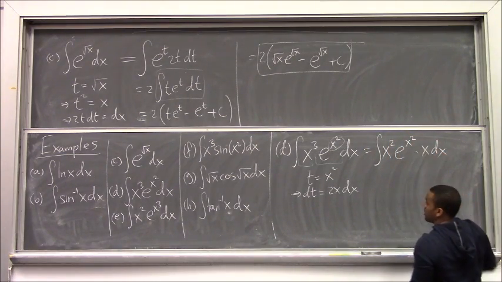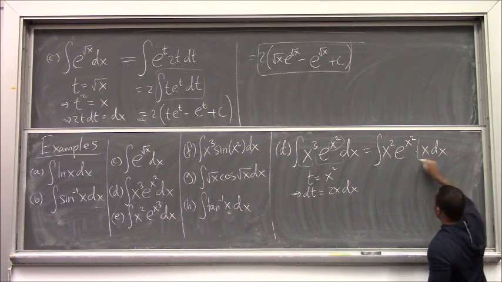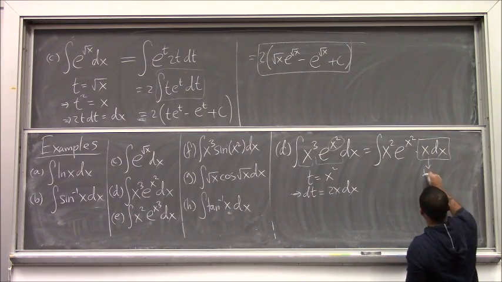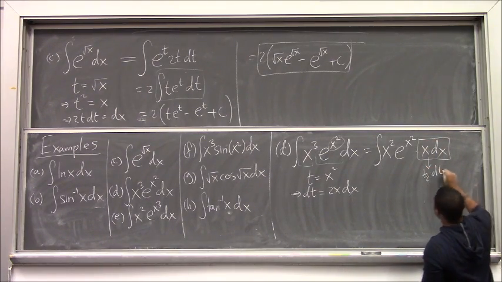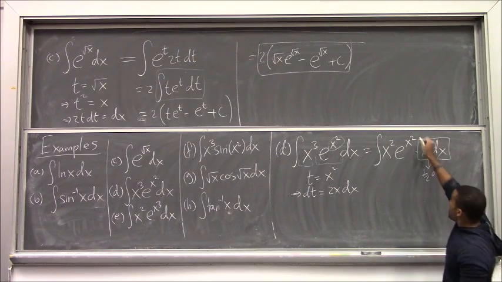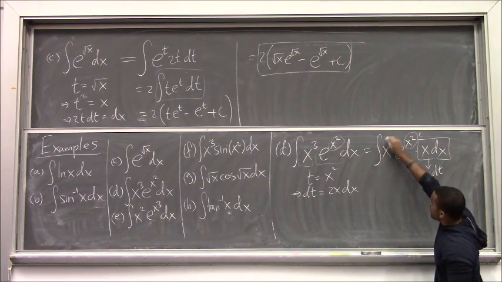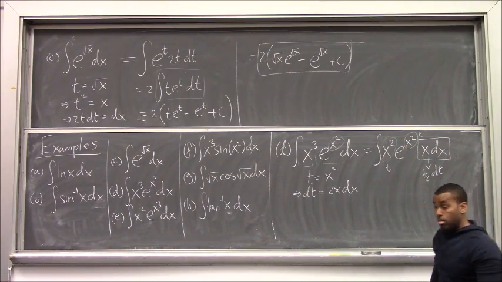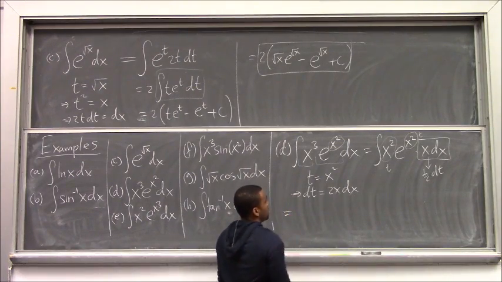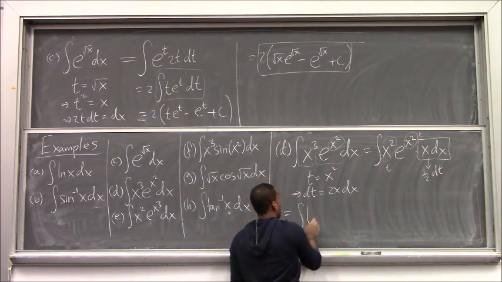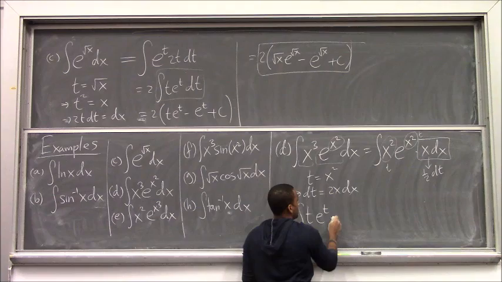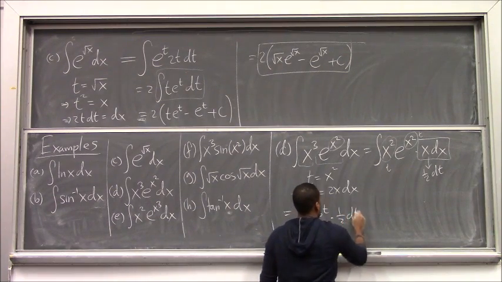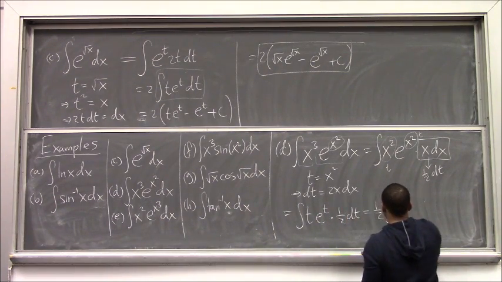So that part here is my 1/2 dt. That part here is my t. So it becomes the integral of t e to the t times 1/2 dt. In other words, 1/2 times the integral of t e to the t.